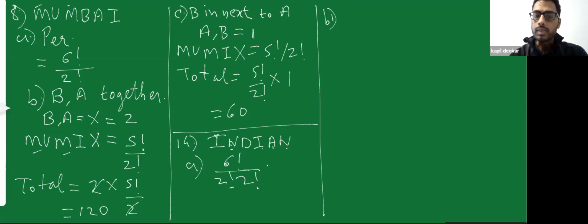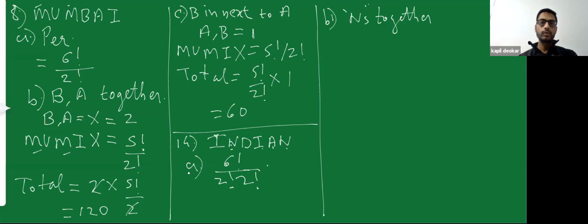Next, what I want over here is I want my N's to be together. In the same word Indian, now I want my N's to be together. If I want something to be together, what do I do?